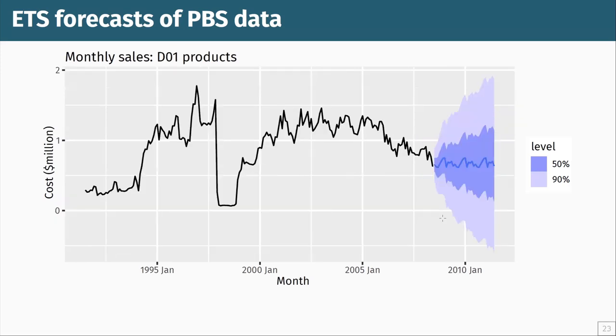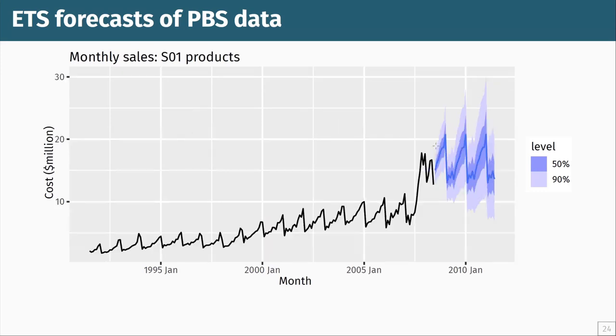This is a really strange product which dropped to near zero and then increased again, and this period was probably due to some products coming off the PBS for a while and then being put back on. So the forecasts are much wider because of the uncertainty. There's another one with these big jumps. You can see all sorts of weird stuff going on in the data set, and the model needs to be able to deal with that.